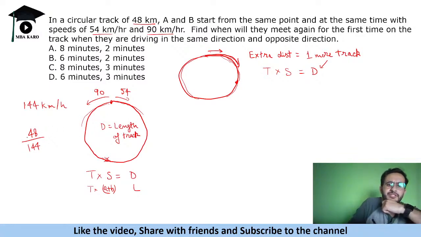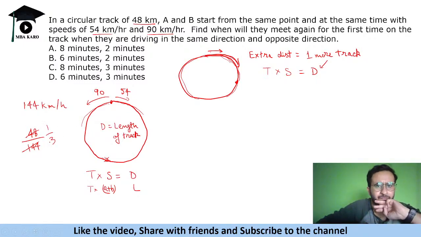So that comes as 1 by 3. Why is it wrong?